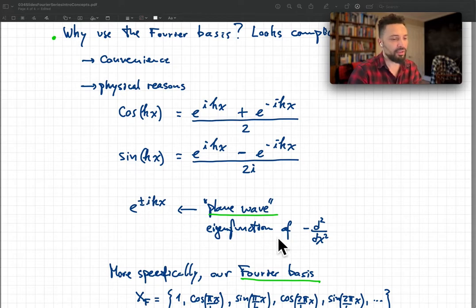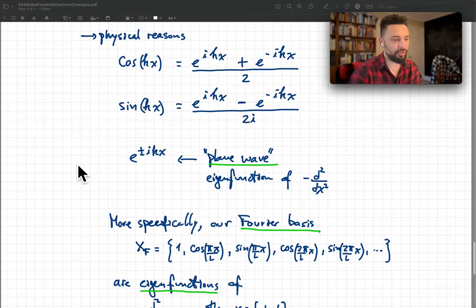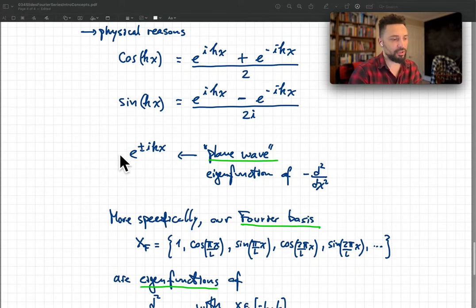And it turns out this is an eigenfunction of minus the second derivative, which is an operator that we studied in previous videos. We studied it with hard wall boundary conditions, and so the sine and the cosine appear naturally there. But if you study it in all of space or with periodic boundary conditions, then this is the object that appears naturally.